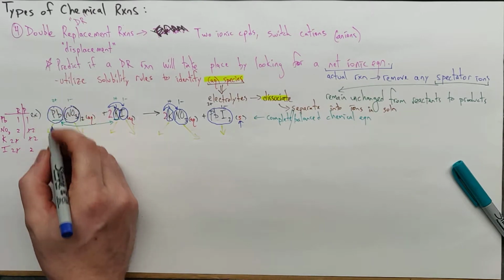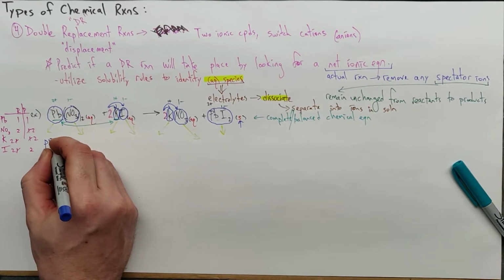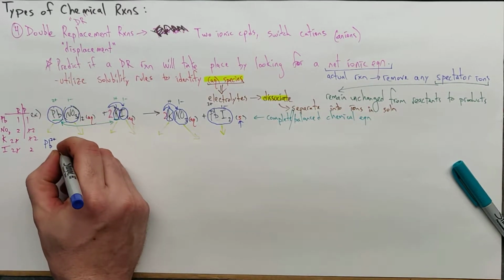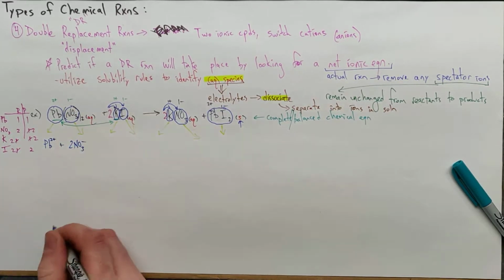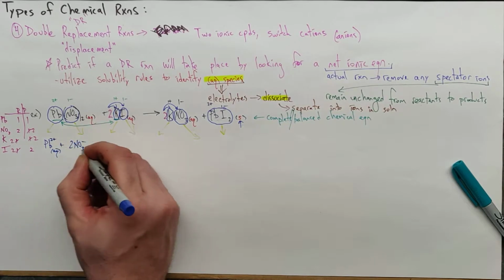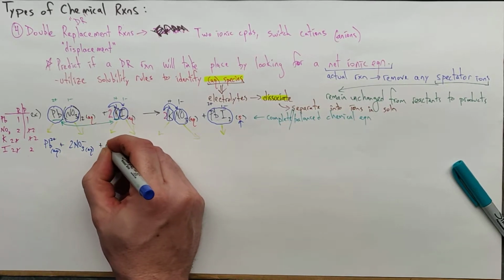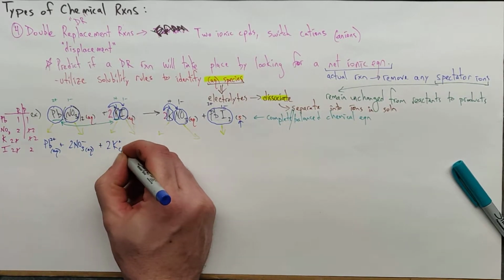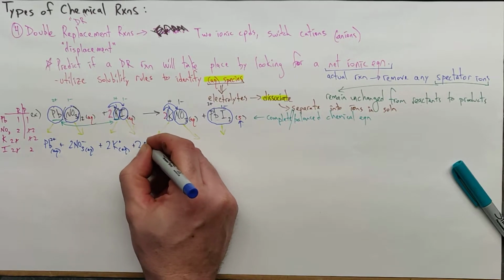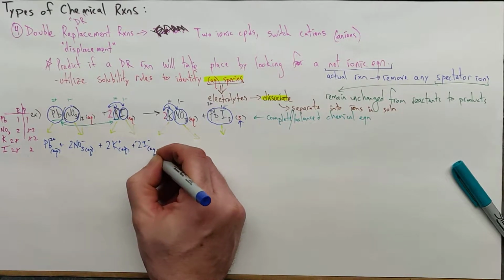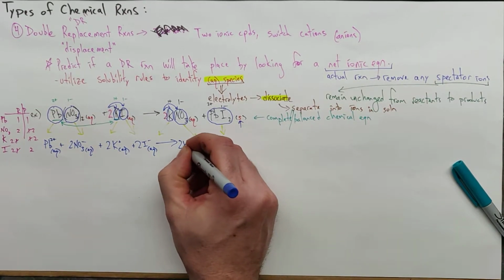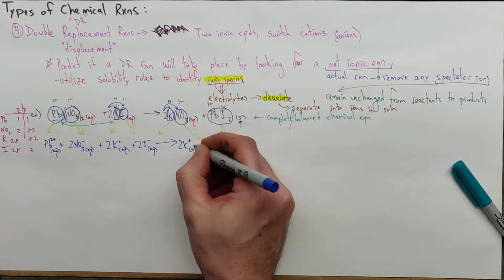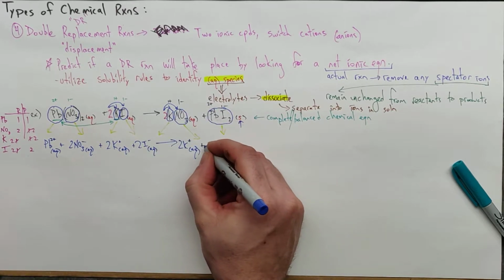So we've got lead ions, and we've got nitrate ions, and I have 2 of them, 2 nitrate ions. And they are aqueous. I've got 2 potassium ions, and I've got 2 iodide ions. All right, I screwed up my arrows. I've got 2 potassium ions and 2 nitrate ions.